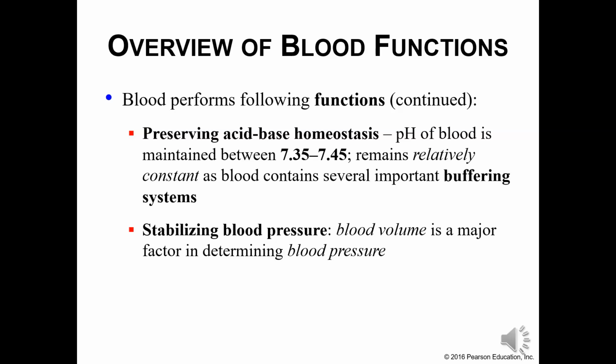And that's relatively constant, because you have several buffering systems at work in your blood. And the last function would be to stabilize your blood pressure, mainly through adjusting the blood volume. Remember, your blood volume is a major determinant in your blood pressure.